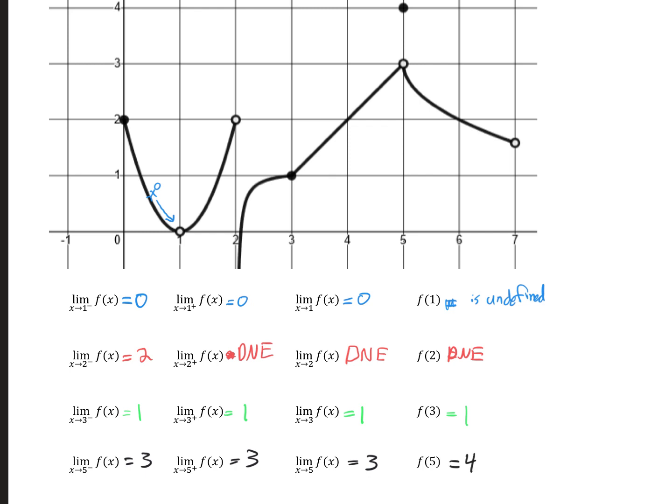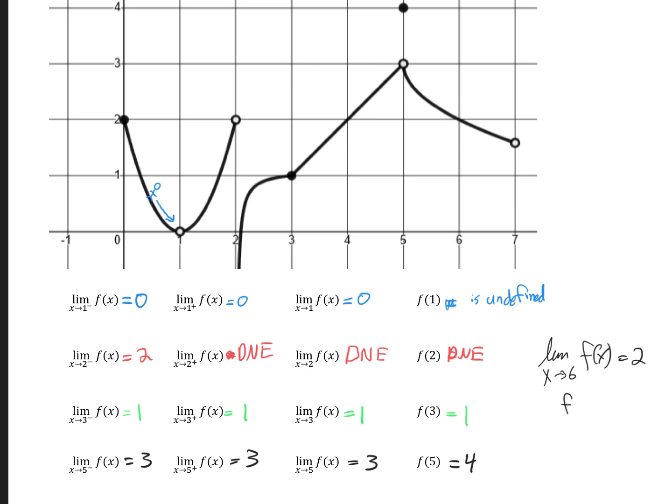Now, just to be clear about the way that we use this notation, if I ask what is the limit of this function as x approaches 6, even though there's not a point listed here, the assumption is that it goes through whatever the point would look like. So if I'm approaching 6, it looks like I'm getting closer and closer to this y value, so we could say that that is equal to 2.